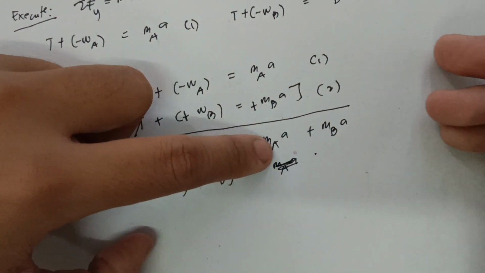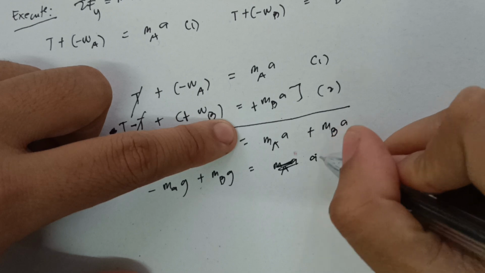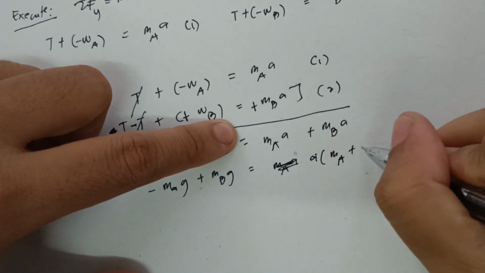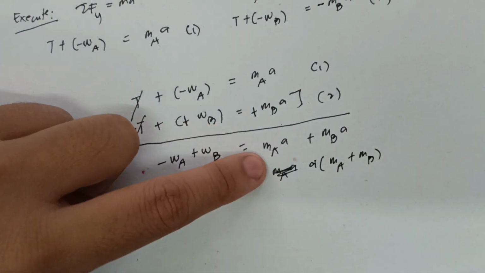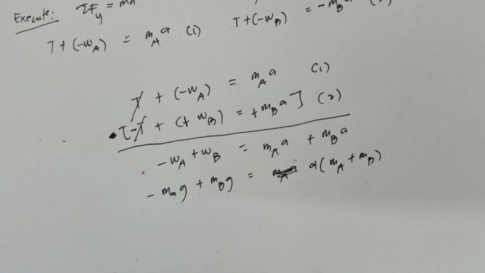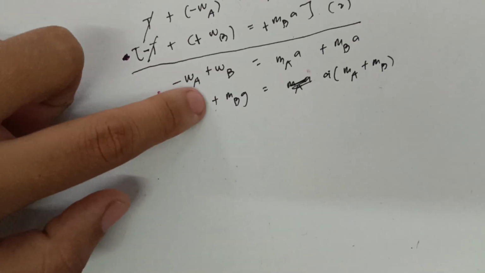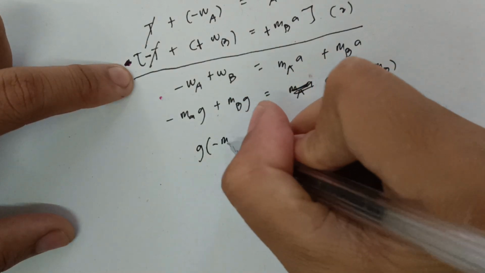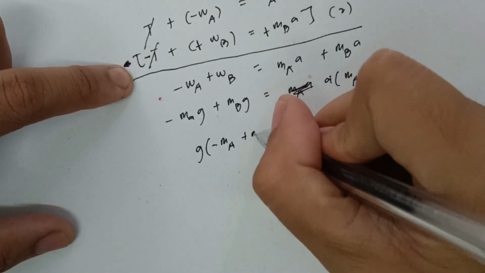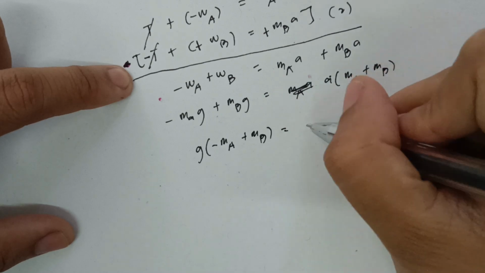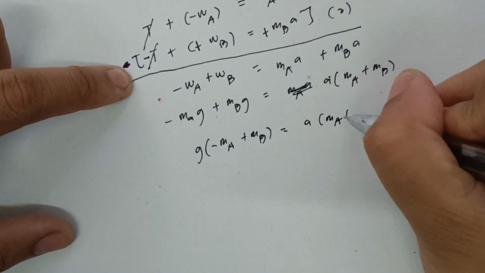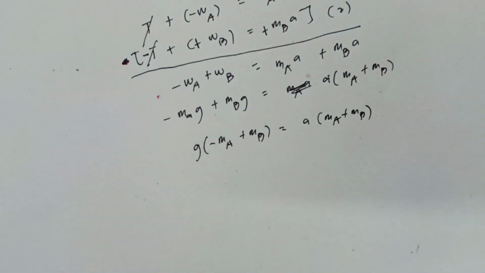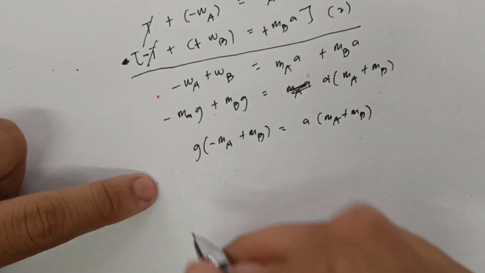Since both sila acceleration, factor out ko na lang ha, diretso. So, i-factor out ko si acceleration. Now, we can also factor out this one, yung gravity natin. So, this will be gravity, negative M sub A plus M sub B is equal to A, M sub A plus M sub B. So, makakalculate na natin to.